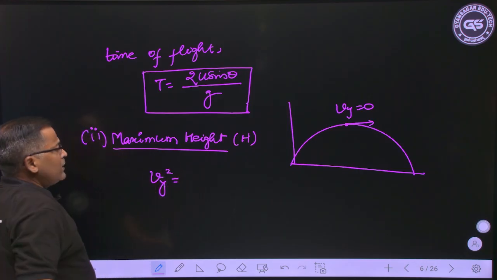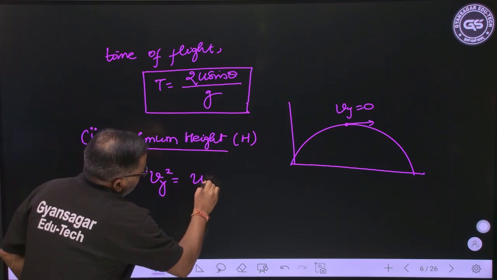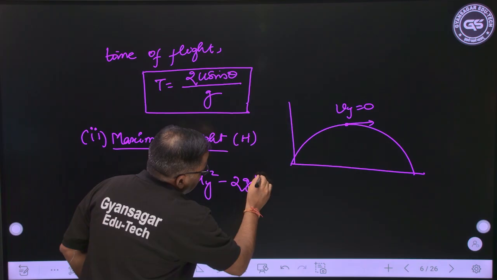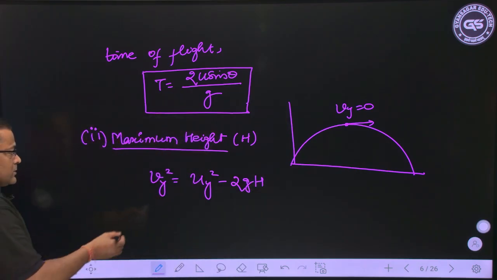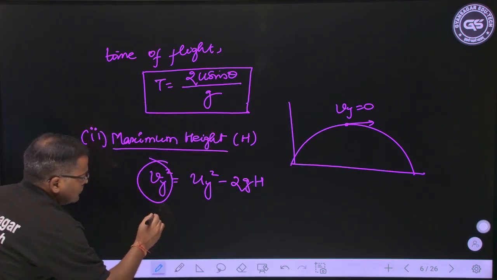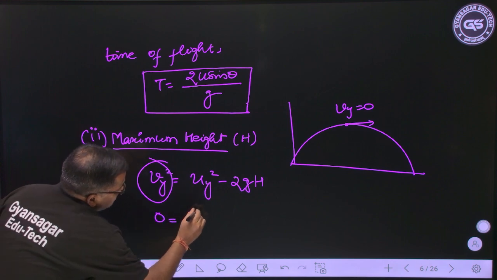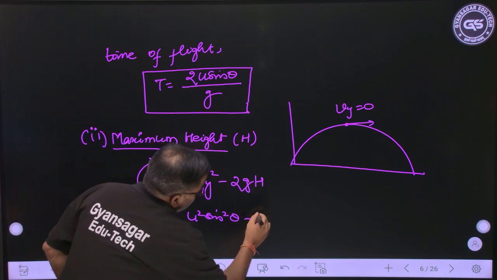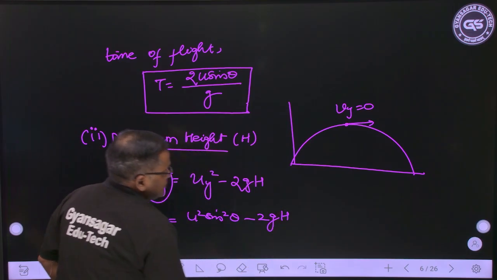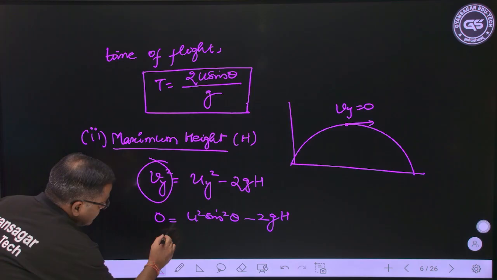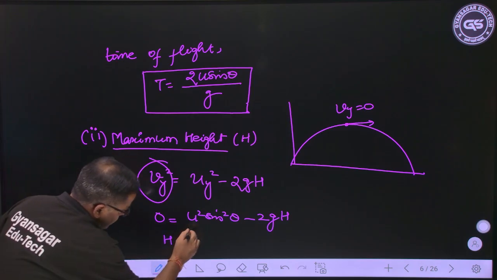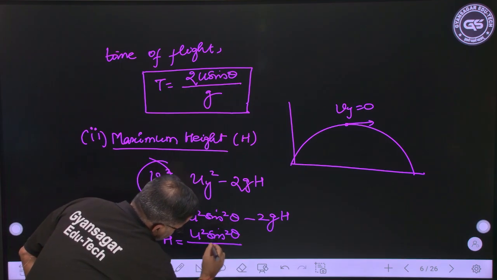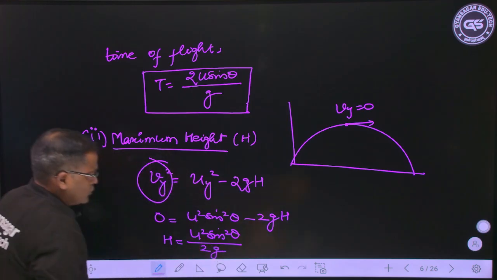Vy square equal to uy square minus 2gh. This thing is 0. So 0 equals u square sin square theta minus 2gh. So from here h equal to u square sin square theta by 2g.